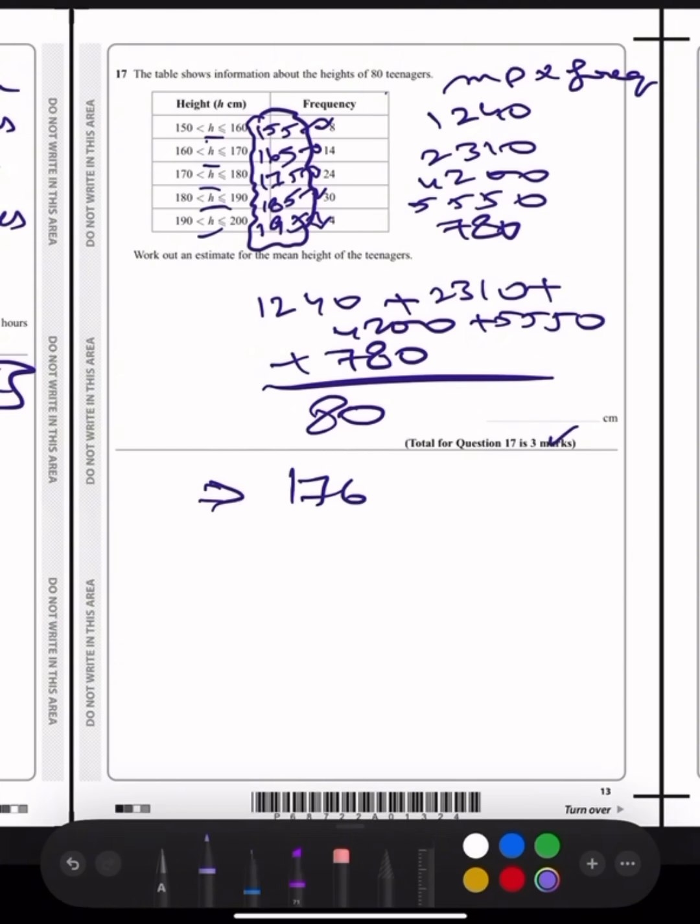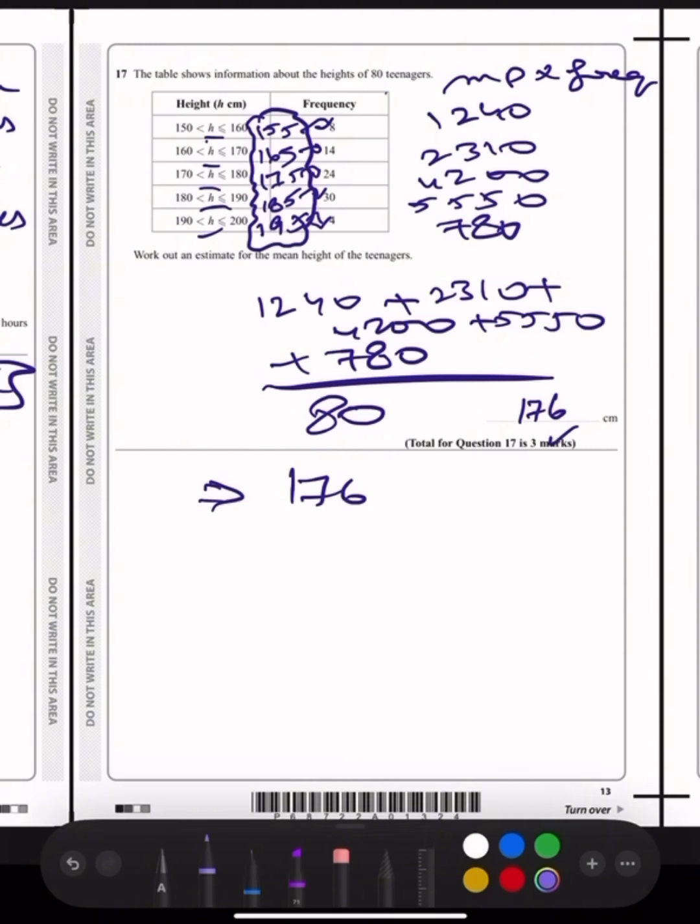Sorry, that took a bit of time. So that will get you an answer of 176 centimeters.